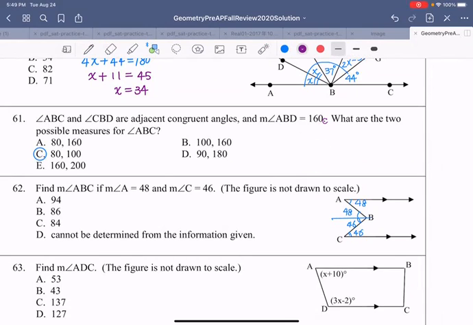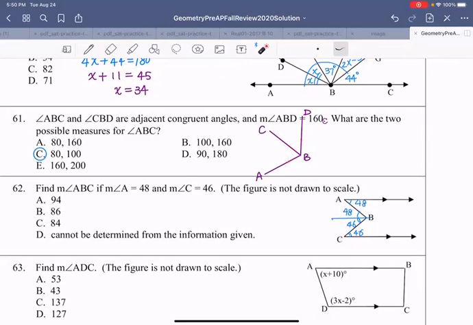Angle ABC and angle CBD are adjacent congruent angles and measure of ABD equals 160. What are the two possible measures for angle ABC? ABC, right? And CBD, correct? They are congruent.